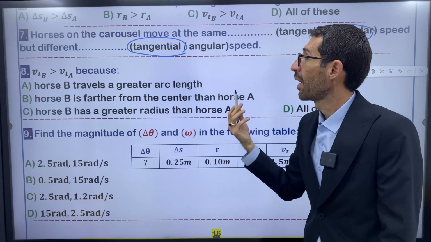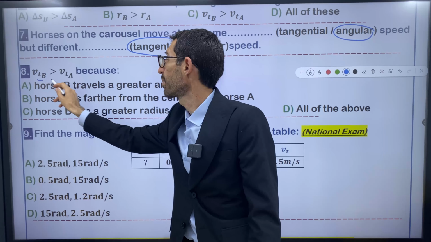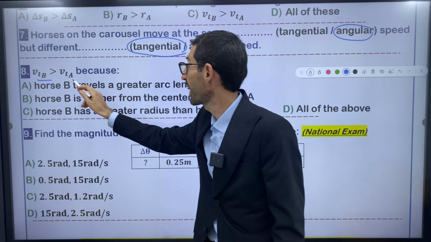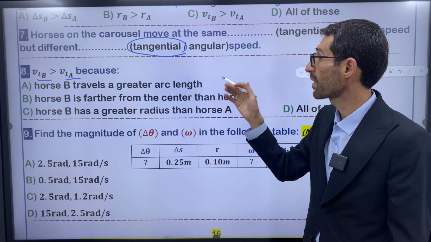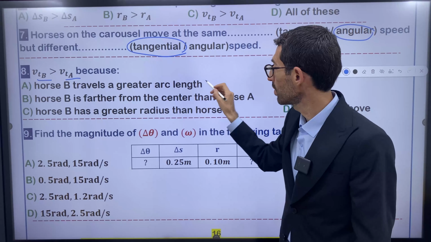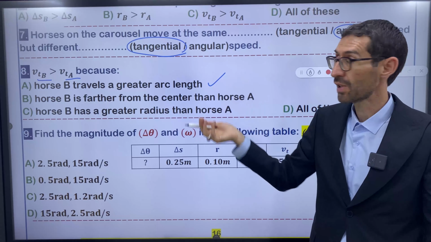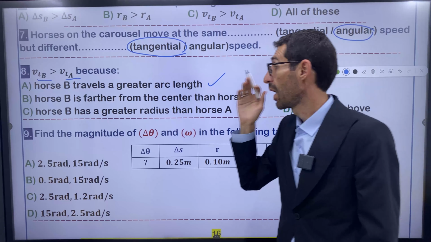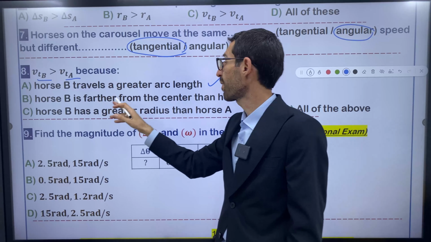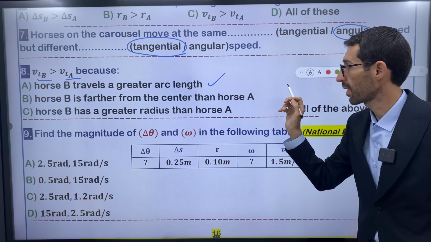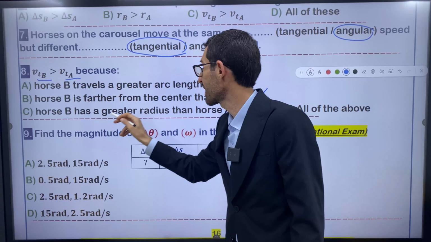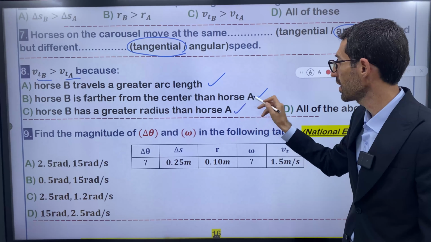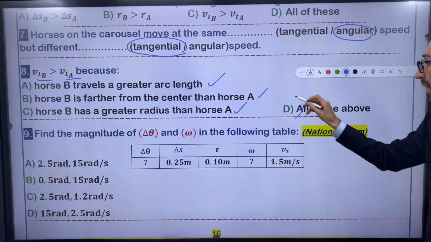Question number 8, Vt of B, the farther point, is greater than the Vt of A, the nearer point, because horse B travels a greater arc length. It's true, because delta S of B is greater than delta S of A. B, horse B is farther from the center than horse A. It's true. C, horse B has a greater radius than horse A. It's true. So all of the above are true.